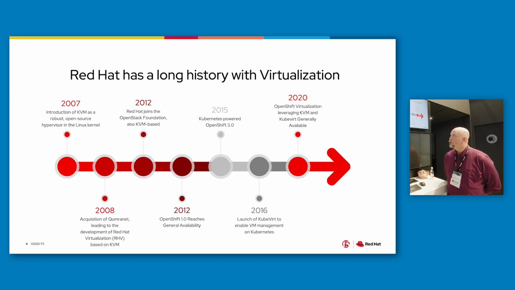So all of the virtual machines in OpenStack are also KVM based. And in 2012, of course, we released OpenShift. These, combined with the power of Kubernetes and KubeVirt in particular in 2016, now create a platform for you not only to have your virtual machines, but your containers as well, all orchestrated by the power of Kubernetes.